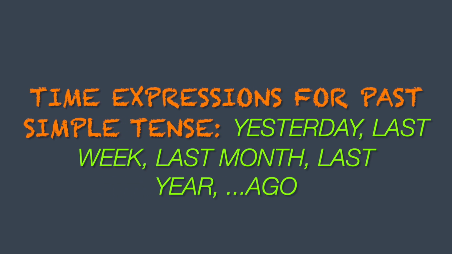These words are yesterday, last week, last month, last year, and all the time combinations with the word ago. For example, 2 years ago, 2 weeks ago, 3 days ago, an hour ago. So when we have these words in a sentence, it's easy to understand that we're going to use simple past.